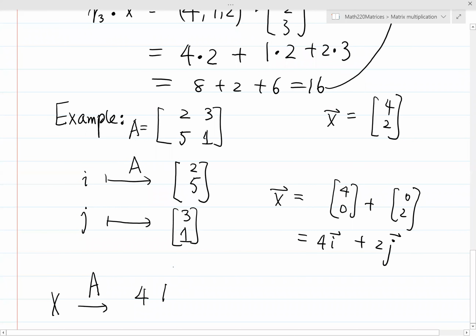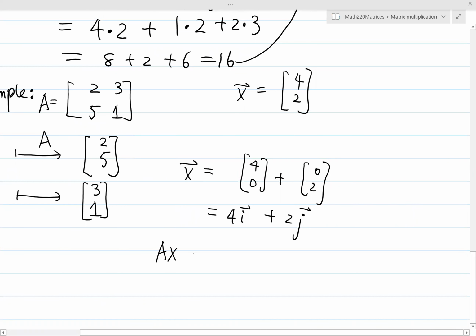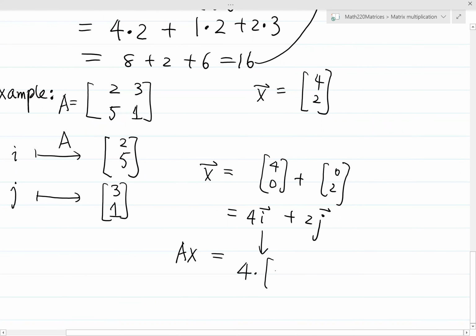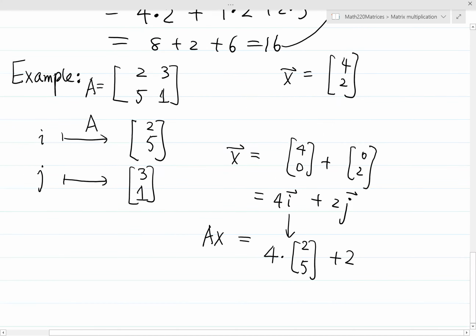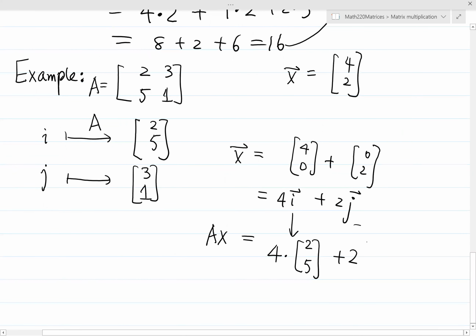So let me write here. A x will equal i goes to 4 times the image of i, which is 2, 5. Now the coefficient is fixed. 2 is just 2. j goes to, according to this rule, 3, 1.